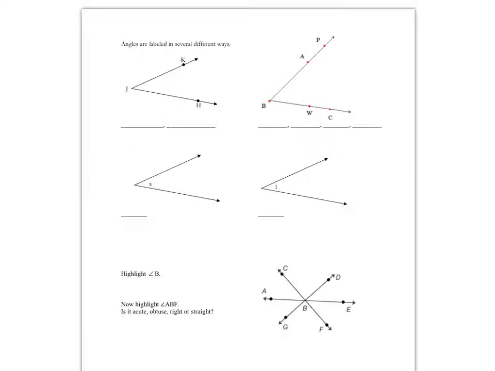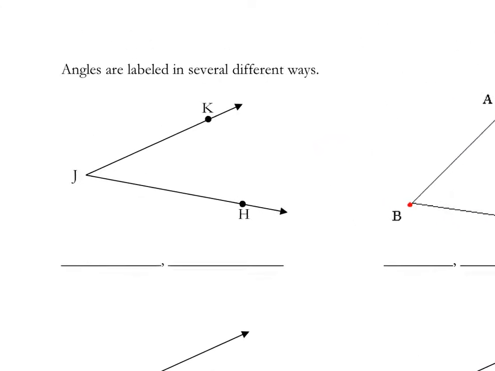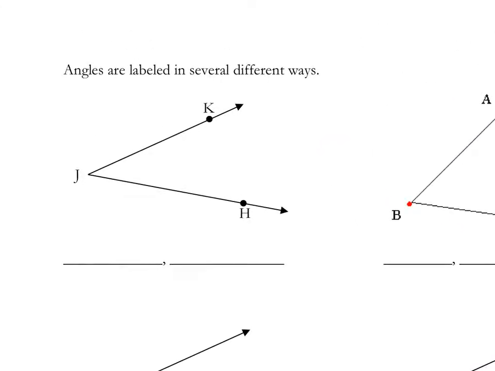There's a few different ways angles are labeled. The first one is labeling it with three different points, kind of connecting the dots. So if I start with K, I go down to J and H. So angle KJH.